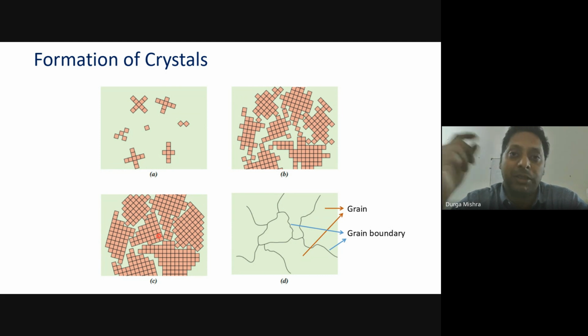That is the kind of temperature rate you achieve. For a polycrystalline, this rate could be like 5 degrees, 10 degrees Celsius, even 1 degree Celsius per minute. Okay, so that could be how rapid the change could be.